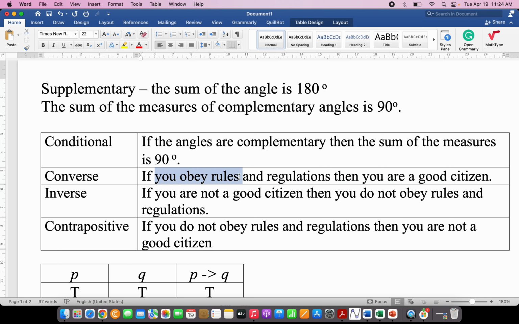Yung converse statement natin, meaning gagawin natin yung conclusion hypothesis.